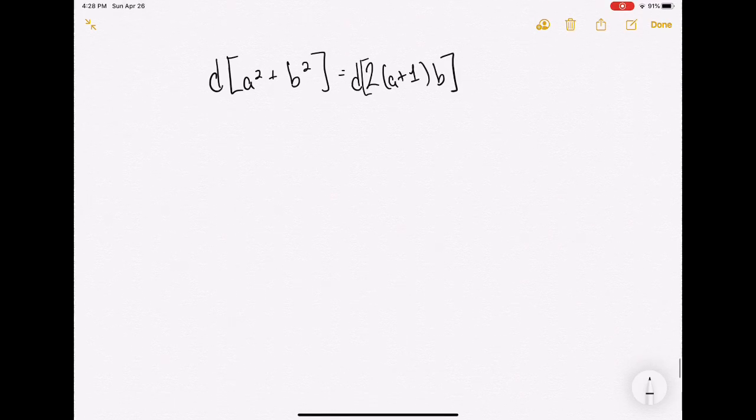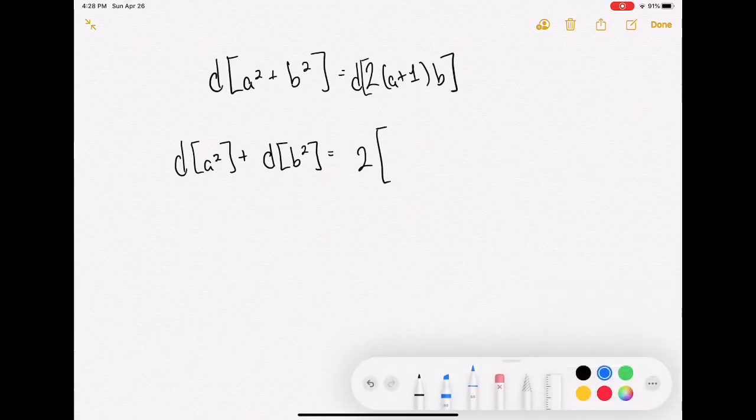Okay, on the left side, this becomes d of a squared plus d of b squared. And on the right side, I'm going to write this out in separate pieces. This is a product rule over here.